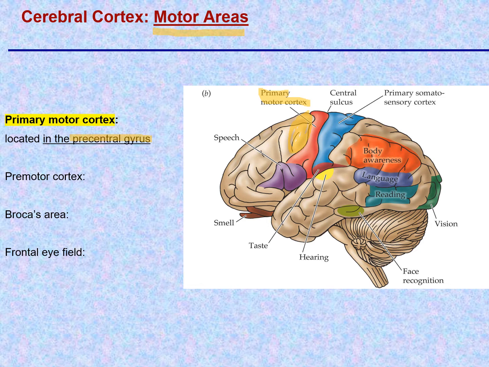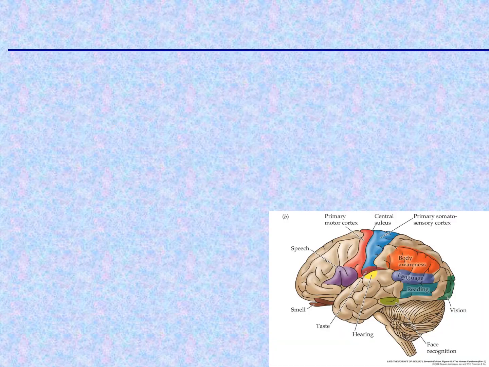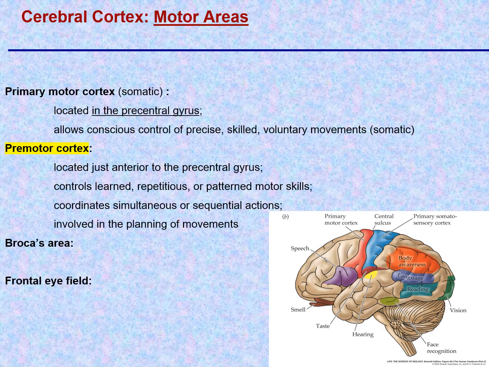Let's move through these slides. So the primary motor cortex is a major area of motor control, and it's involved in conscious control of very precise voluntary movements. And then you have the premotor cortex, and you can read this information here for your own information if you choose to.